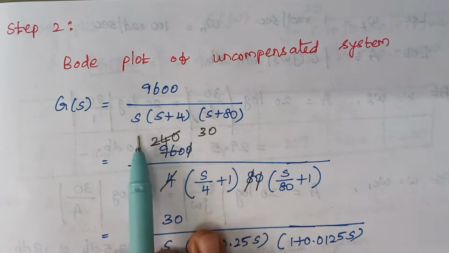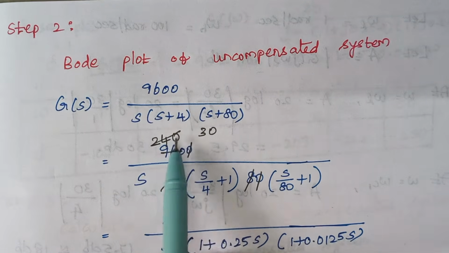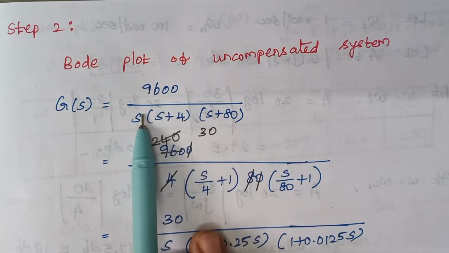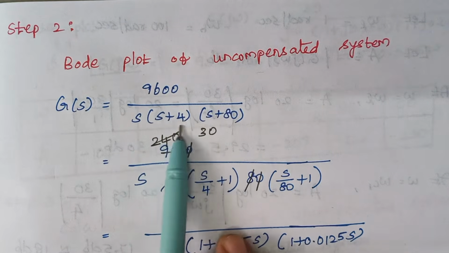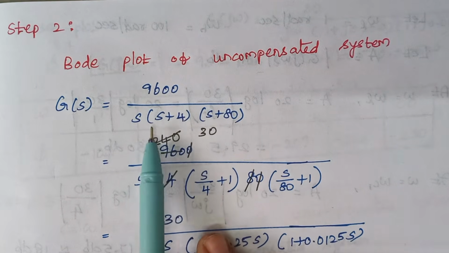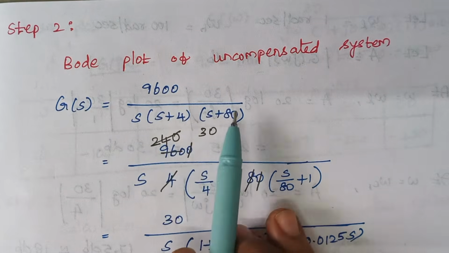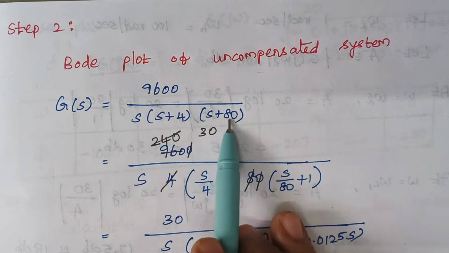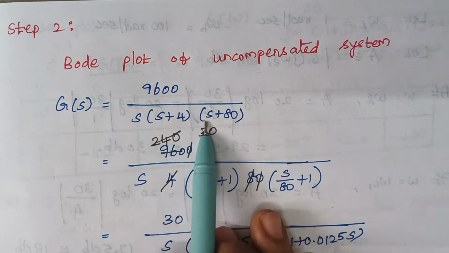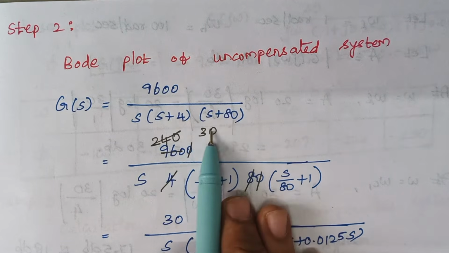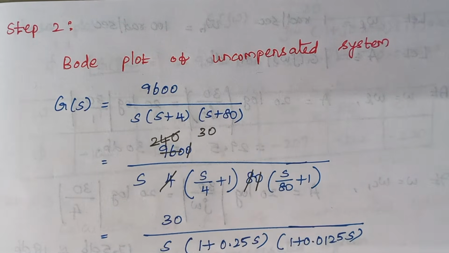Now here I am going to take the constants outside. From this expression I am taking 4. When you take 4 outside, this expression gets modified as s by 4 plus 1, right? Again here when you take this number 80 outside, this term gets modified as s by 80 plus 1, right?